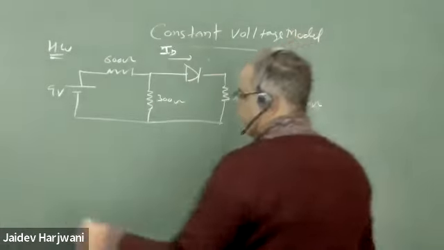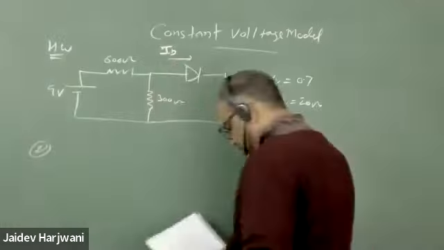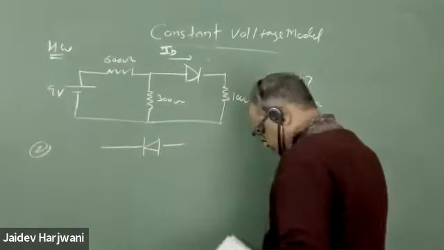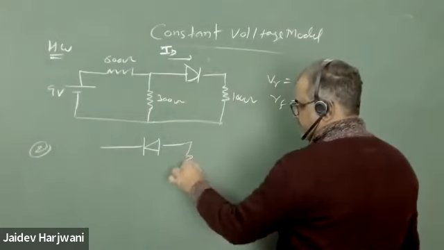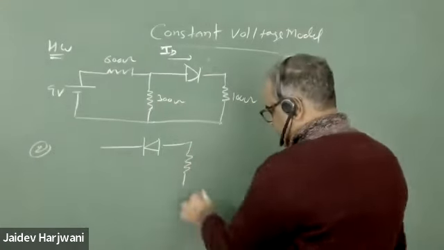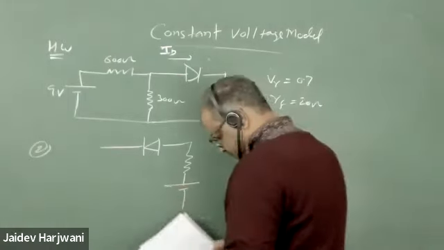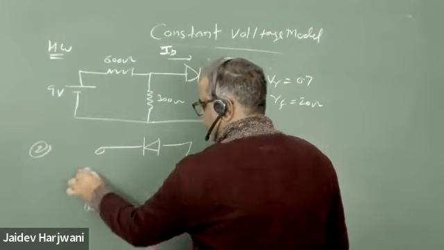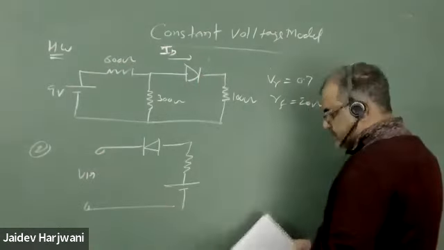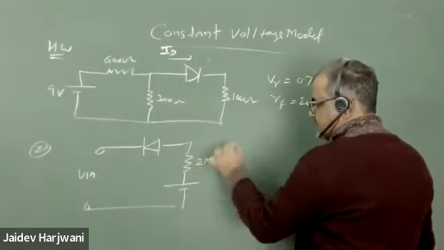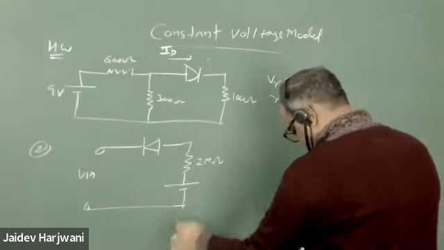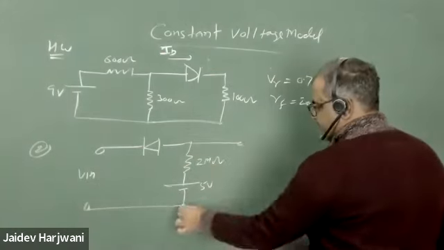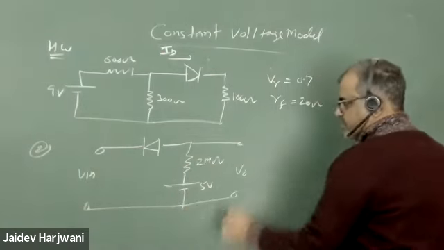And I'm giving you one more problem. You have been given this diode. Here I'm giving V input, and this is your 2 mega ohm resistance, and this is your 5 volt battery, and here I am measuring V naught.